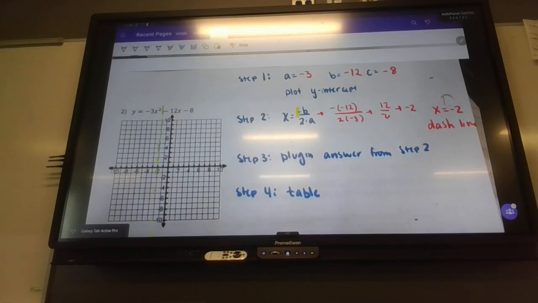Are you cutting my twos? No, I'm not going to count by 2. I'm going 0, -1, -2.